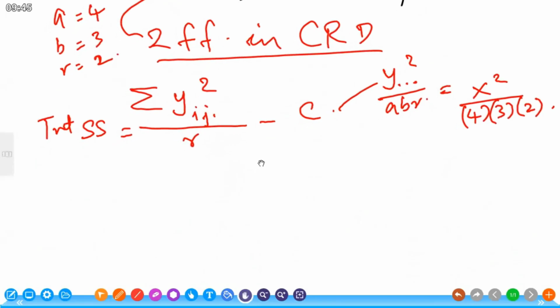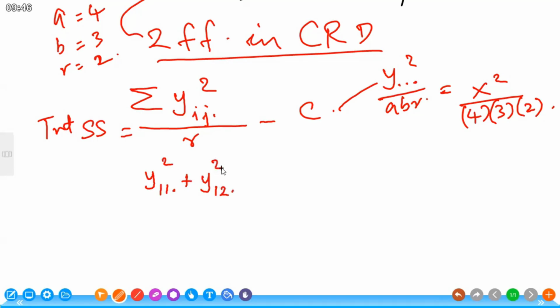So treatment, because you are expert at calculating CRD, RCBD, right? If you start with that, you can continue with this. That is the importance. Now you should be able to do it very quickly. Anyhow, I will explain this. So this says, for example, y11 dot plus y12 dot, right?